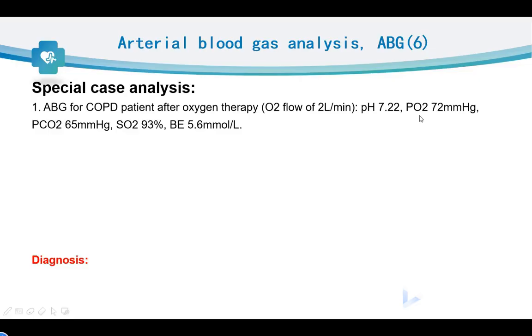Partial pressure of the oxygen is 72 mm of mercury. Partial pressure of the carbon dioxide is 67 mm of mercury. Oxygen saturation is 93% and the BE is 5.6.